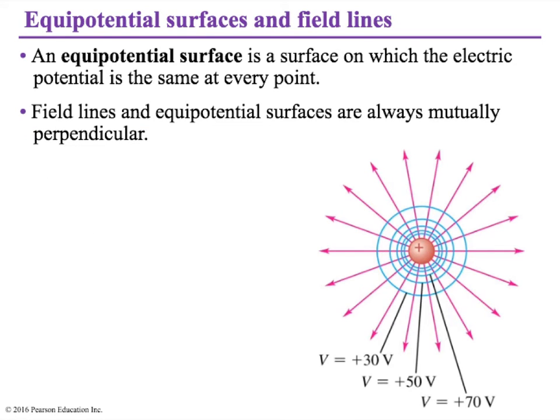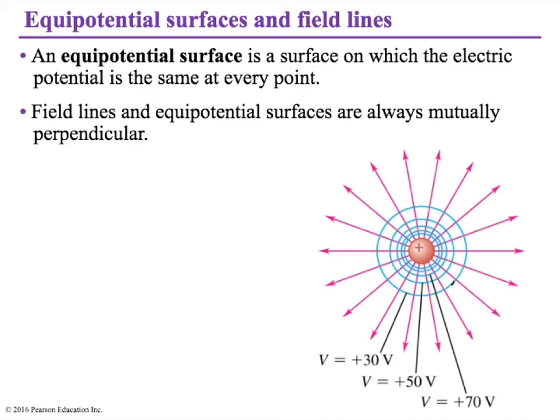Again, we're just going to look at some equipotential surfaces. We already found out in the previous video that the electric field lines and equipotential surfaces are perpendicular to each other. So for a point charge where the electric field is radial, then the equipotential surfaces actually are concentric circles here. So everywhere on these circles, if you go around the circle, the potential would be the same.